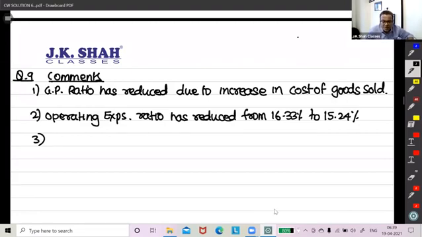Operating profit ratio. Give me the answers for operating profit ratio. 5 and 5.08. Right, people? Those who are getting 6.3 have taken wrong operating profit then. 5 and 5.08. So, right.